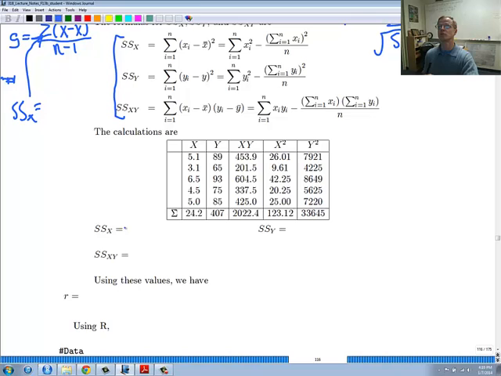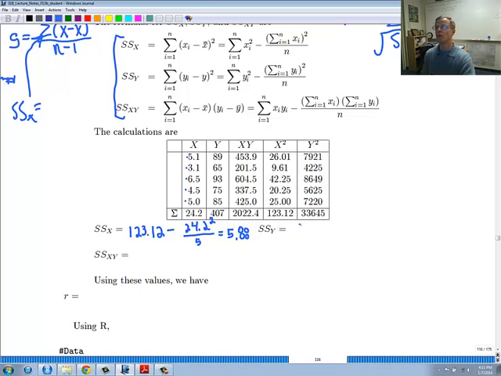So then, the sum of x squared is 123.12 minus the sum of x, all squared, so that's 24.2 squared over n, which is 5. That number turns out to be 5.88.